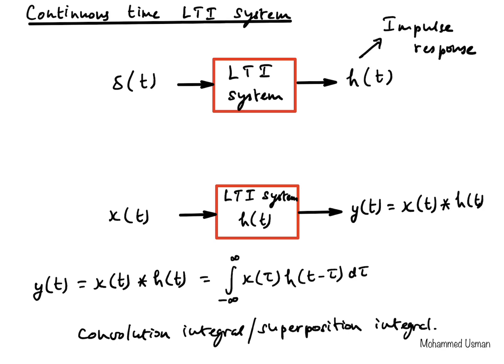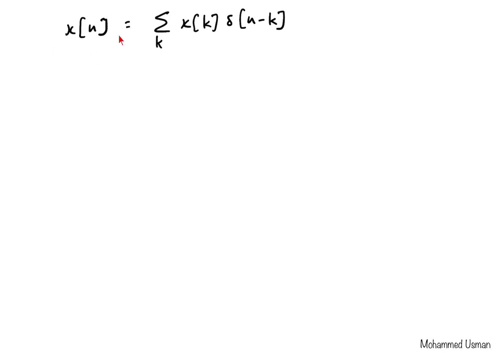So basically, this arises from the fact that any arbitrary signal can be represented as a sum of shifted and scaled versions of the unit impulse functions, and therefore the output of an LTI system, given the knowledge of its impulse response, is basically going to be the convolution sum, which is summation x of k times h of n minus k over all k.